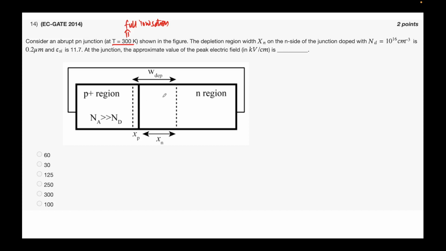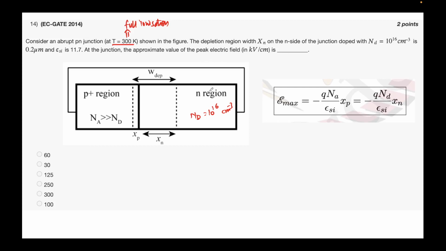Even the diagram in the question shows that. It also says NA greater than ND. ND has been given as 10 to the power 16, and NA is much larger than that. Nevertheless, let's figure out the value of the approximate peak electric field.